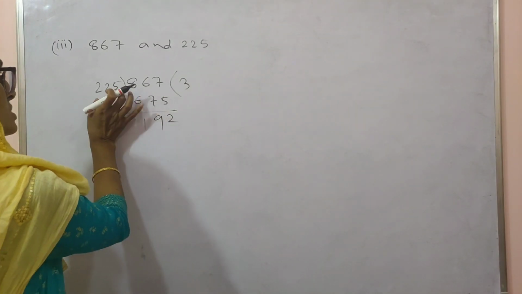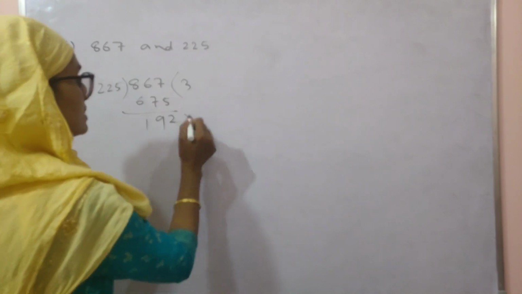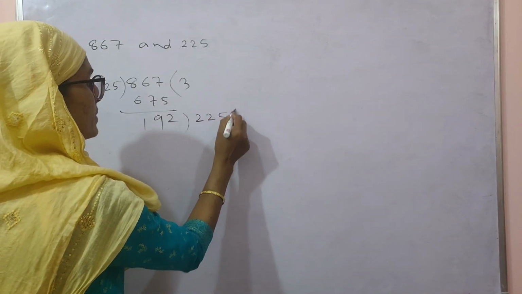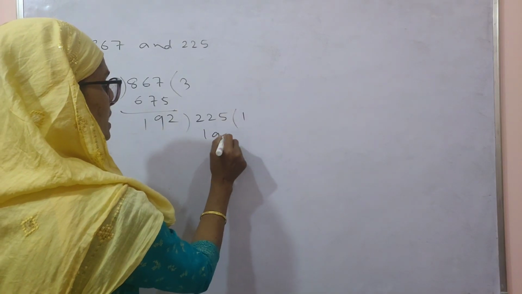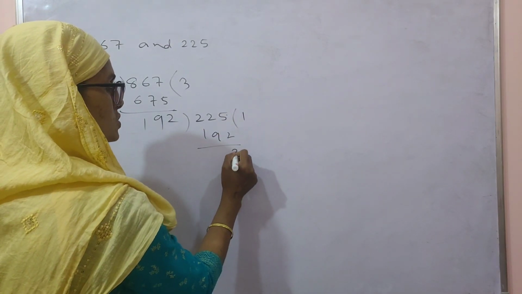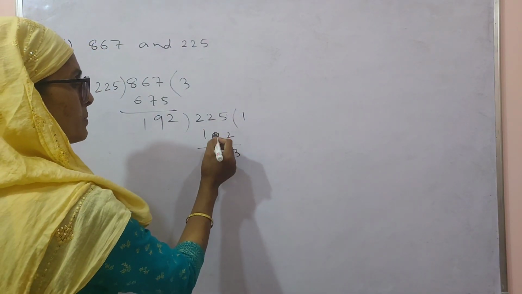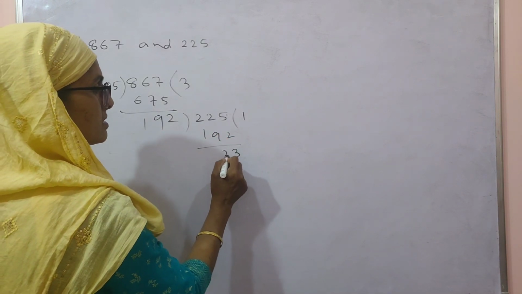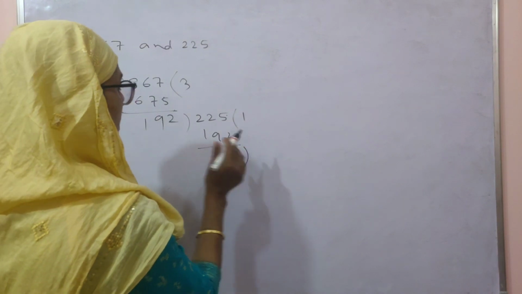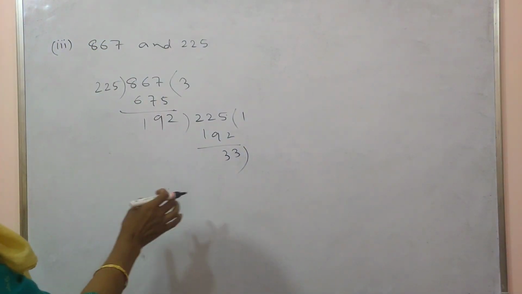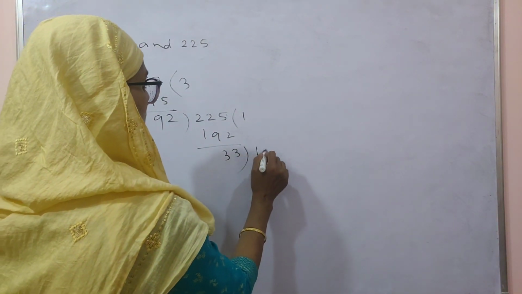Since 192 is less than 225, again divide 225 by 192. How many times? 1 times 192. 5 minus 2 is 3. Here 12 minus 9, you will get 3. So here 33. Now divide 192 by 33.